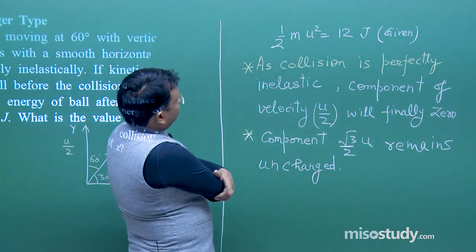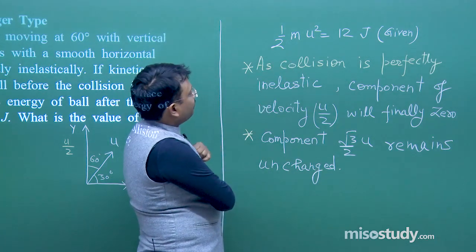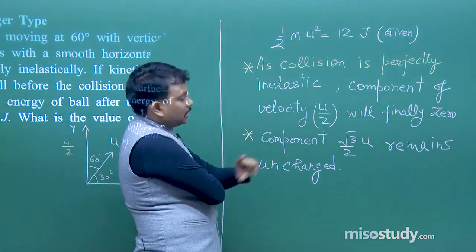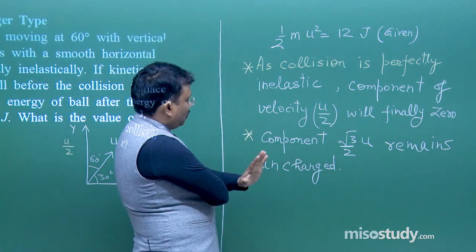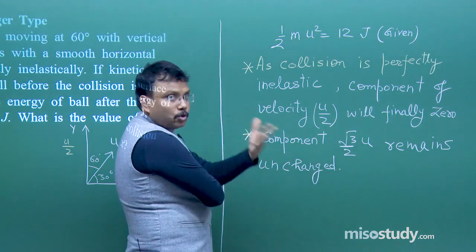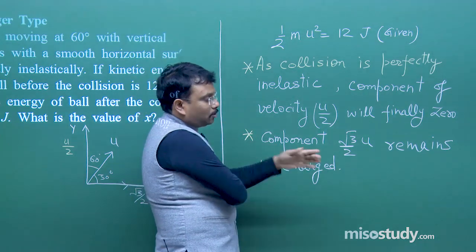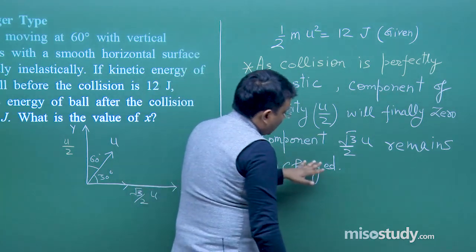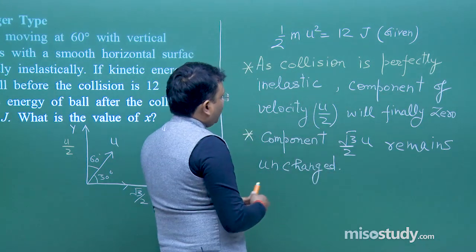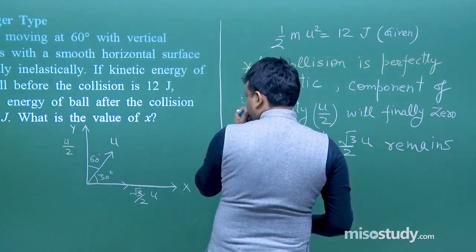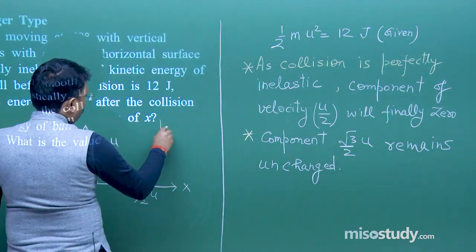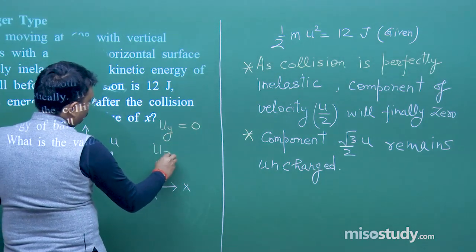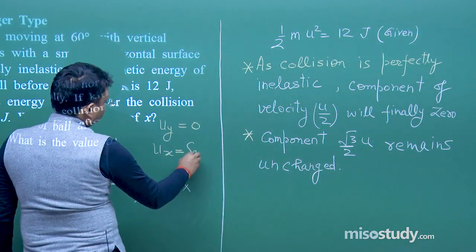So, first is the kinetic energy, this much is given. The collision is perfectly inelastic, the component of velocity u, that is u by 2, will finally be 0, and the component of velocity u, root 3 by 2, which is the horizontal component, will remain unchanged, fine. So what should I say? u y is 0, u x is the same.